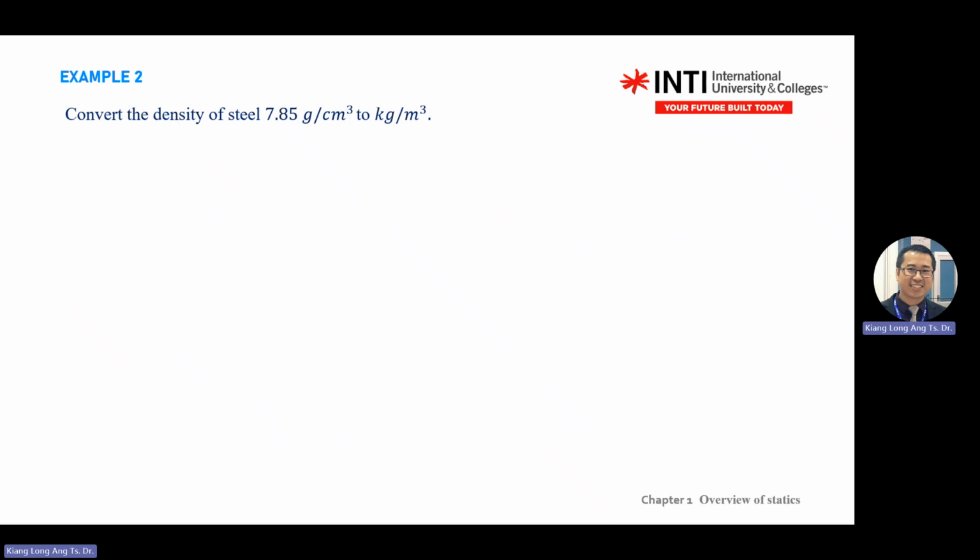What's the answer? What answer do you get? The question asks you in kilogram over meter cube.